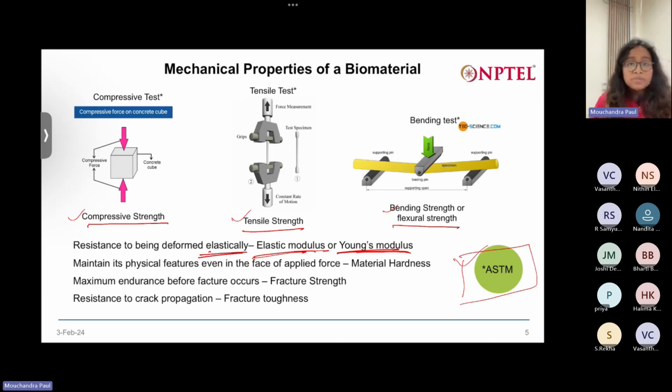What do I mean by elasticity or elastically? It means whatever atoms or molecules have been displaced from their original sites due to some tensile force, say, when we release that tensile force, they will come back to their original position like a spring. A spring is an elastic material, right?